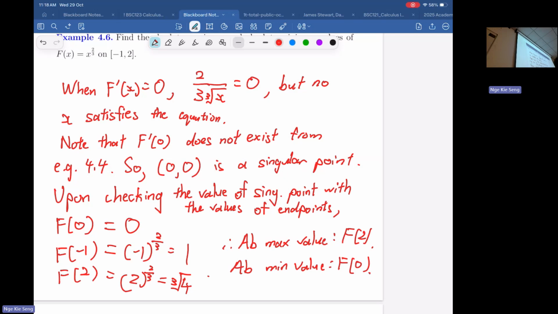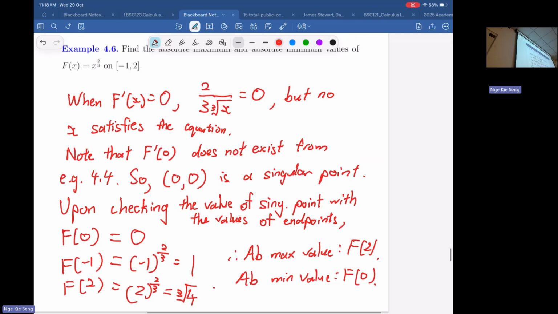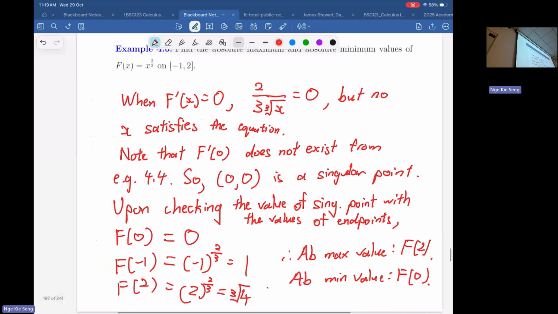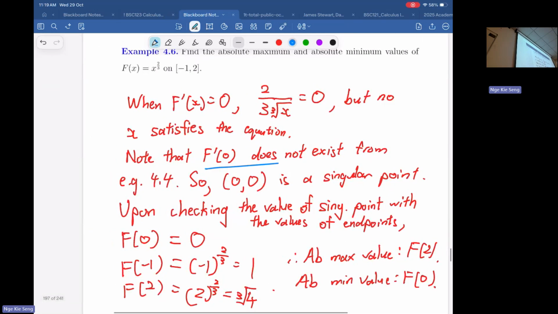I don't understand the singular point. Singular point? You can't understand. What do you mean by you can't understand? Why do we define that (0,0) is a singular point? Because a singular point just says that the derivative at x equals 0 doesn't exist.